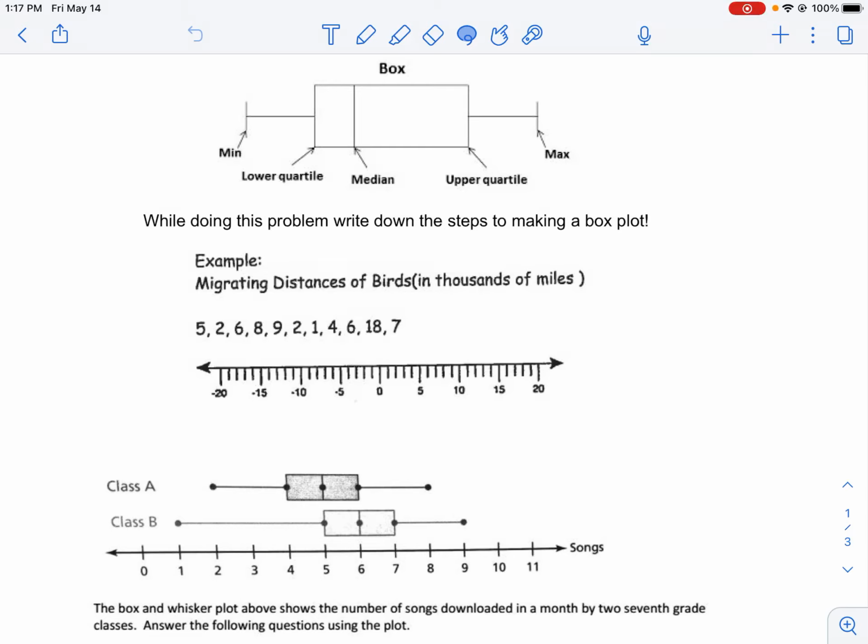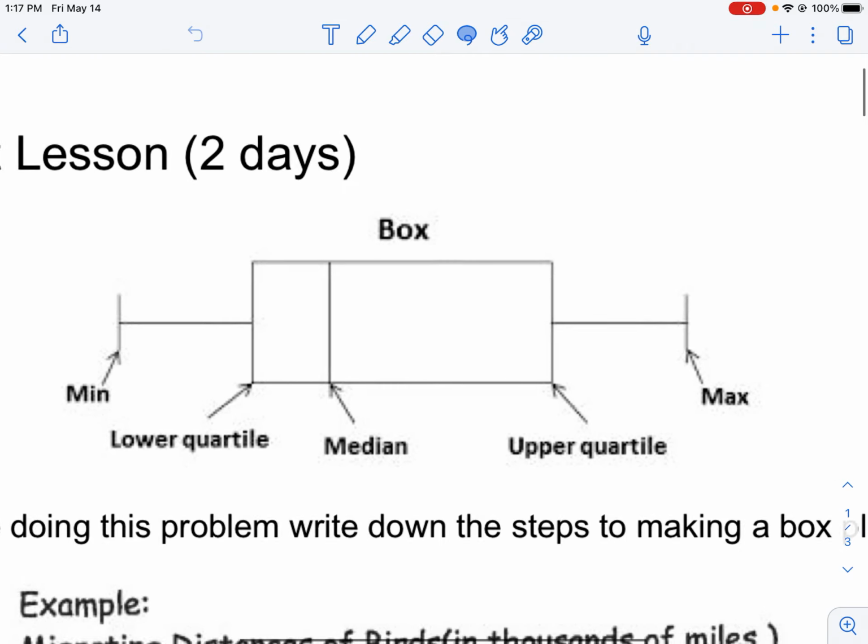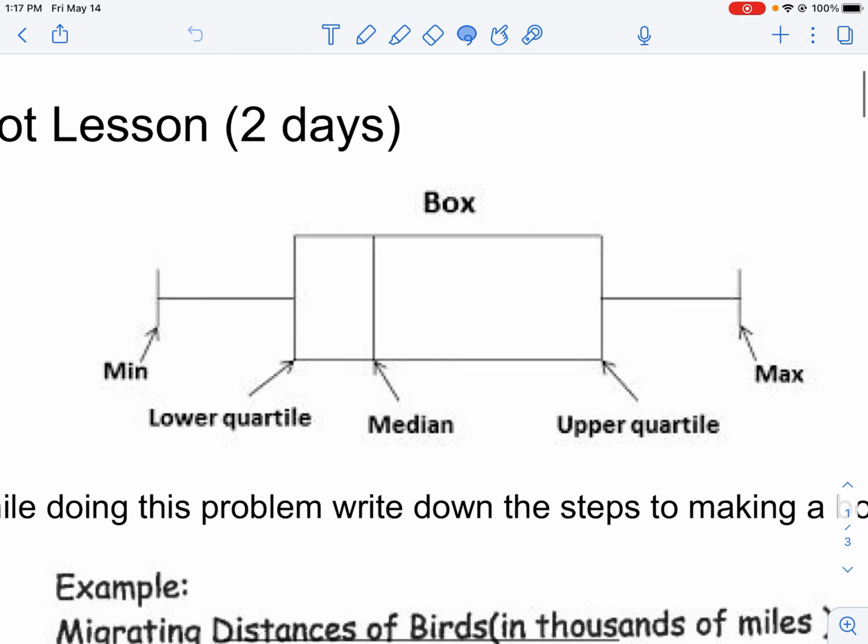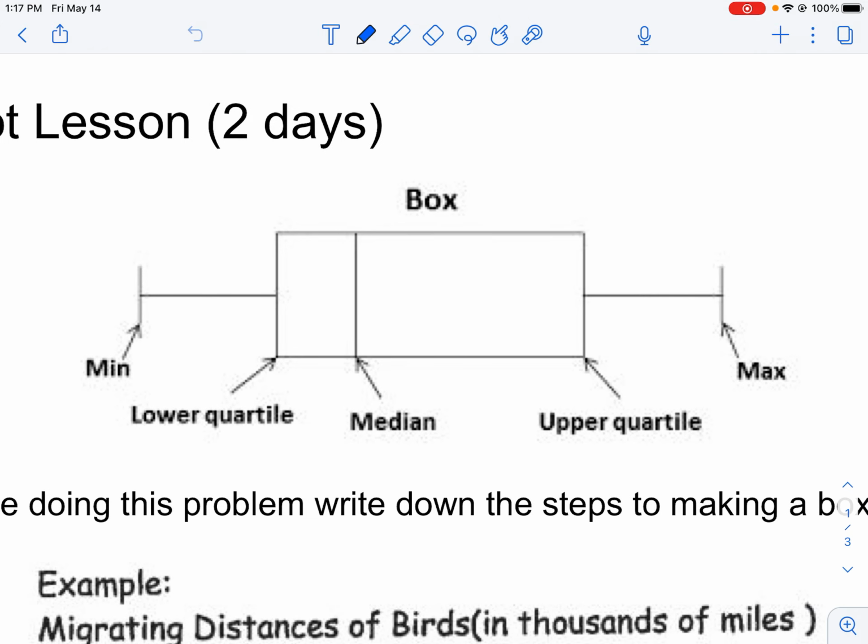All right, in today's lesson 4 on box plots, we are going to first off talk a lot about this image up here. So I want you to make sure that you are writing in all of these different terms. There are 3 terms that you should know from previous lessons, and those are minimum, median, and maximum.